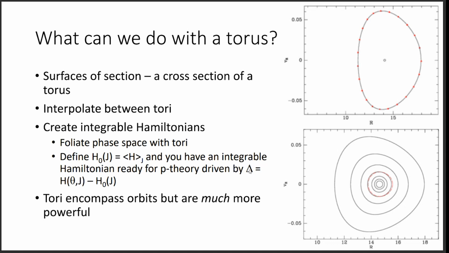It's incredibly faster if you want a surface of section. It is very much faster to have the torus and just draw the continuous curve than to integrate the orbit until you're blue in the face and get a lot of red points.